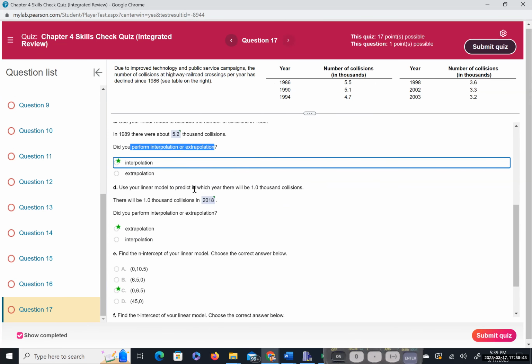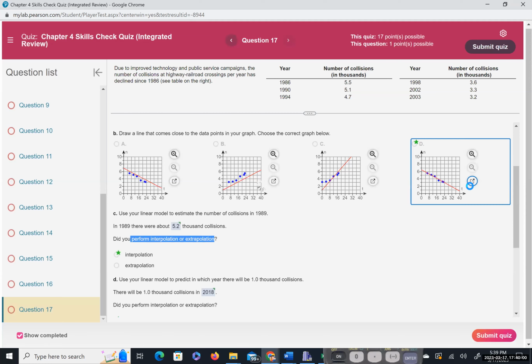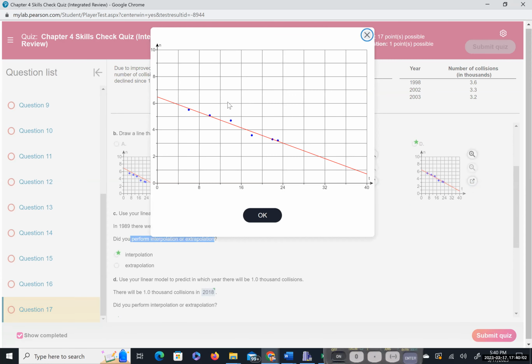So use a linear model to predict in which year there will be 1,000 collisions. So there will be 1,000 collisions in 2018. Is that correct? So look at the graph here. You are looking for the 1,000 collisions.